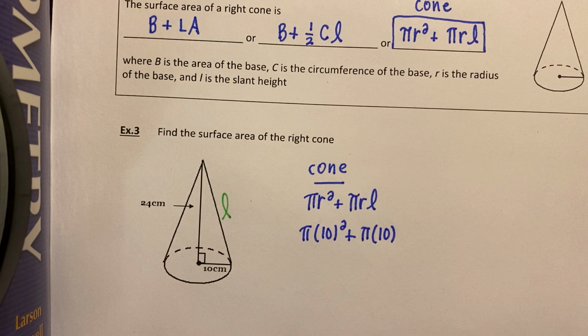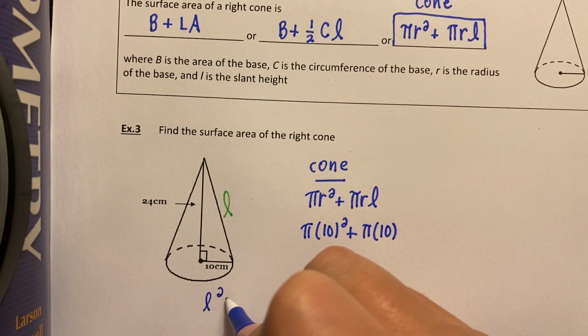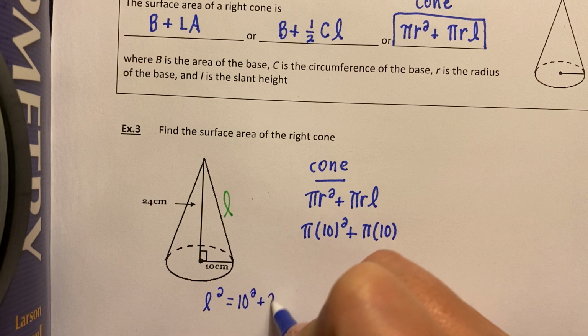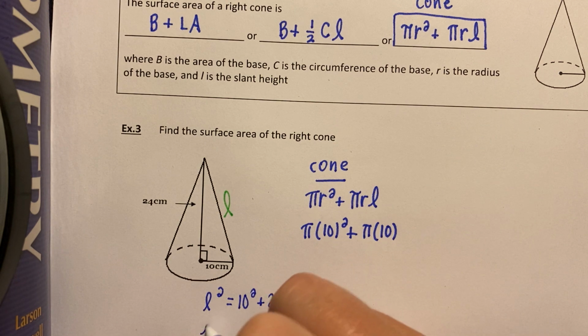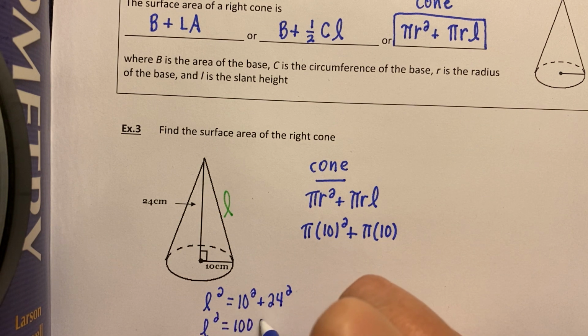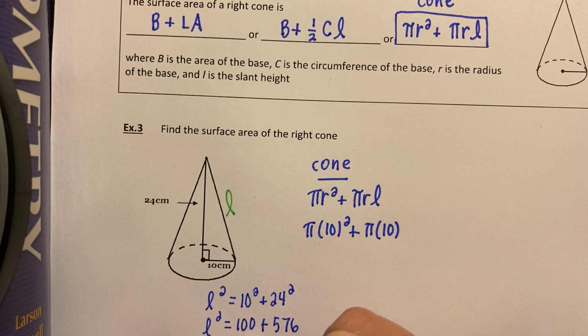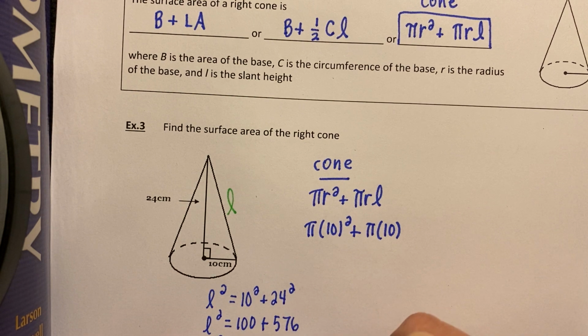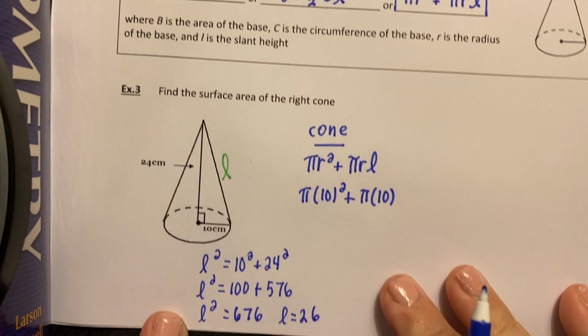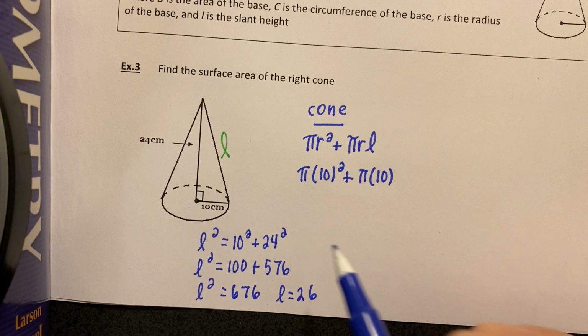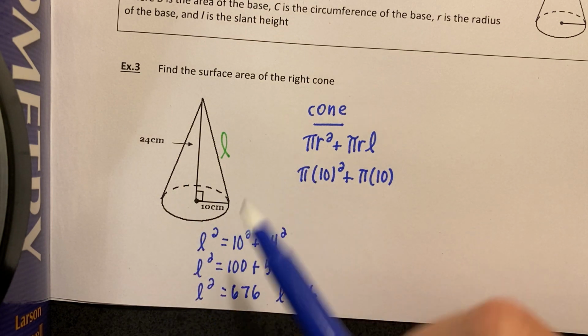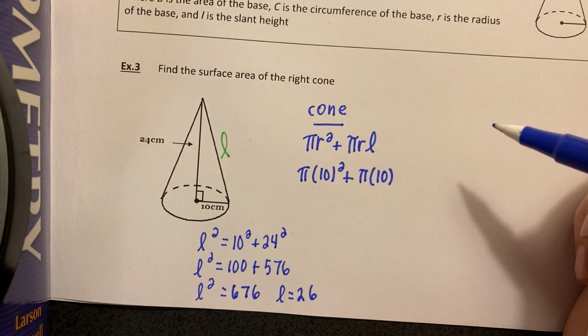Okay, so again, you're going to do L squared is equal to 10 squared plus 24 squared. So we get L squared as 100 plus, you have to square 24, which is 576. So L squared is 676, and L is 26. Now, some of you may have recognized this is a 5, 12, 13 multiplied by 2. If you didn't, that's okay.